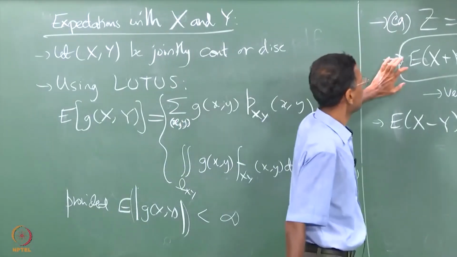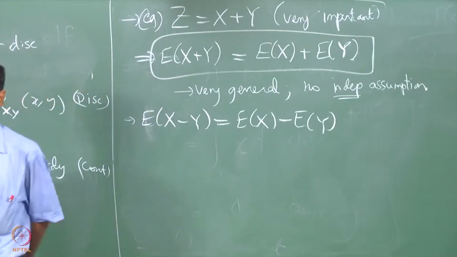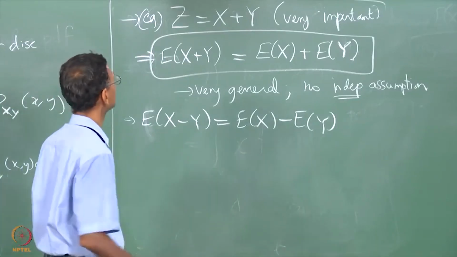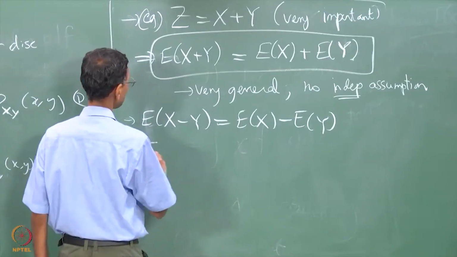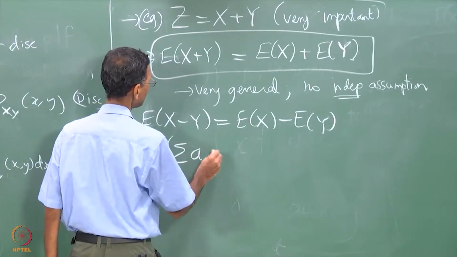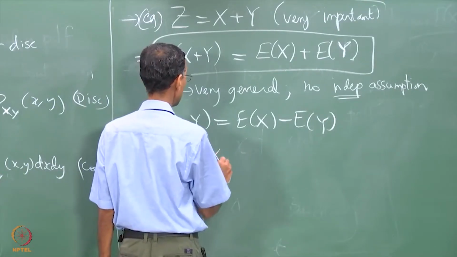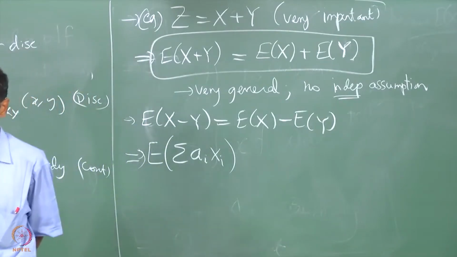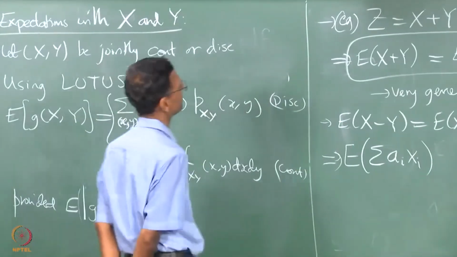So how do I now put this result to work? Of course, we can extend this to any linear combination, E of sigma ai Xi, if that is what you want. Let us say I have a collection of random variables. Now that you mentioned it, let me write it.